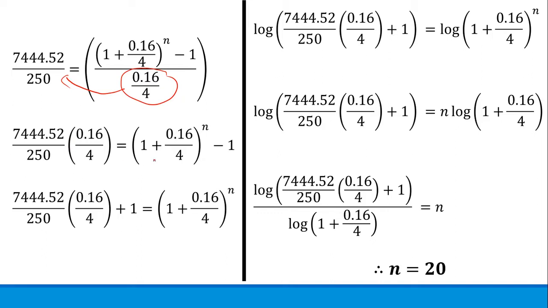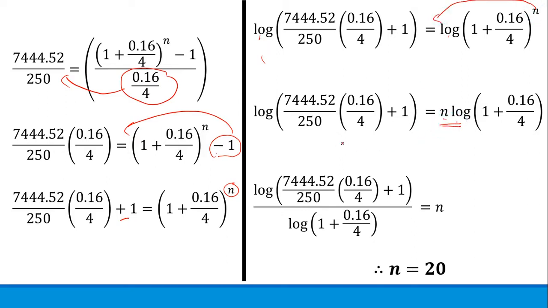And again, because this has no power, this has power n, I just move this one to the other side, it becomes plus 1. And again, because there is a power, I use log. The reason I use log is that I want to eliminate the power. When I use log, n can move to the front, which is n log.